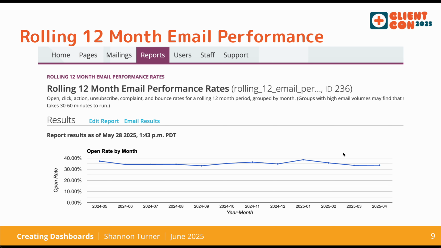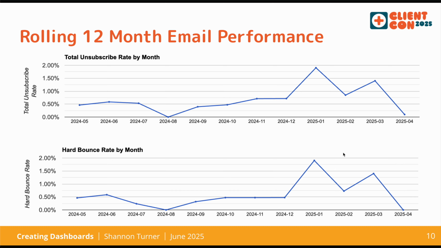This is one dashboard that comes built into ActionKit. I used it all the time when I was a client, and it was very helpful to be able to see my organization's open rates over the last 12 months to see what the broad trends over time are.